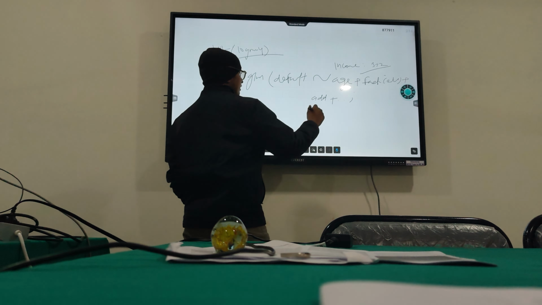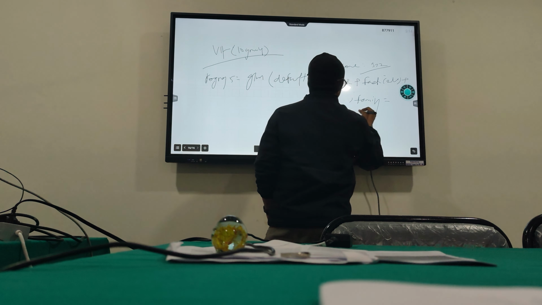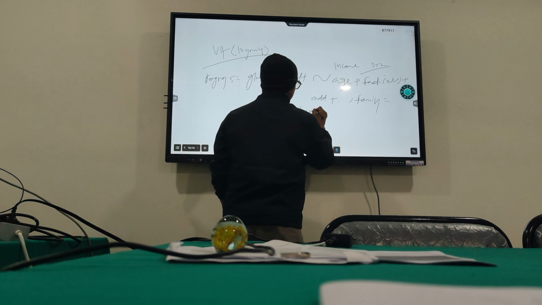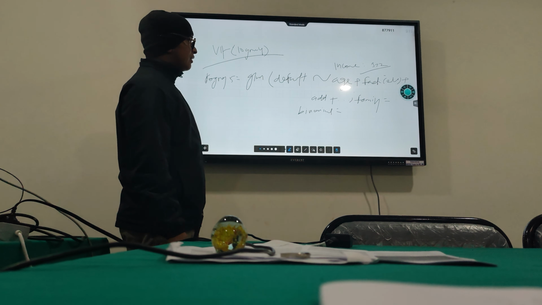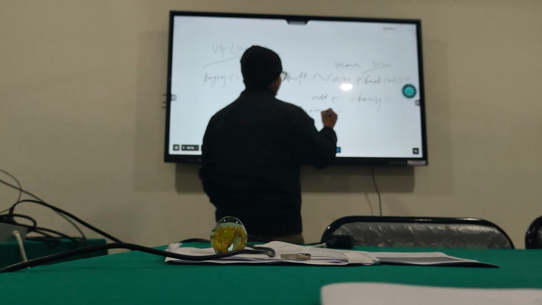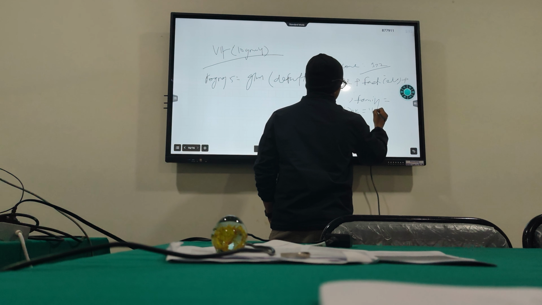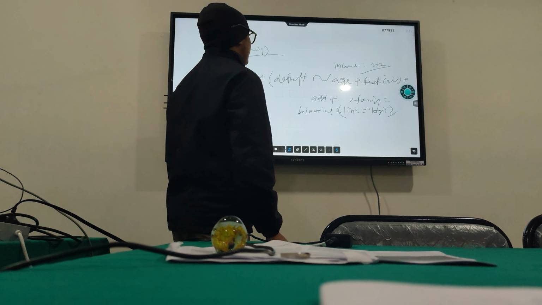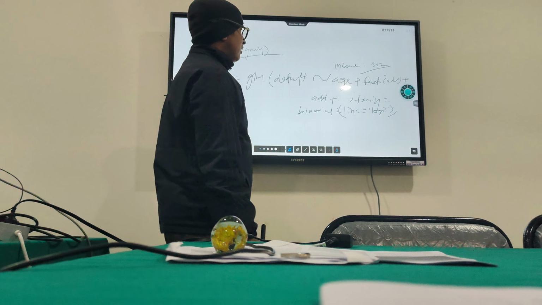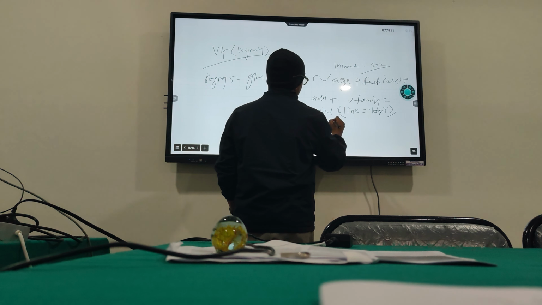Just call family equals to binomial, link equals to logit, and data equals to bank loan.